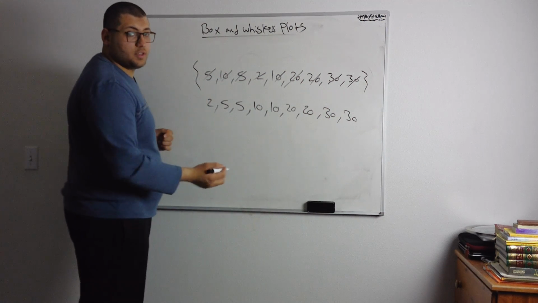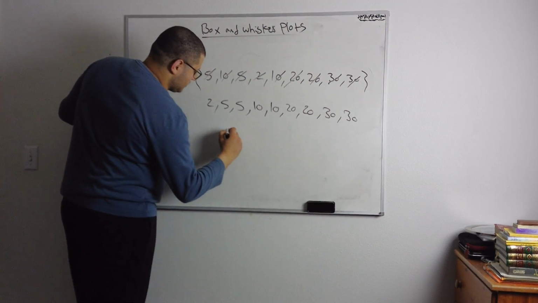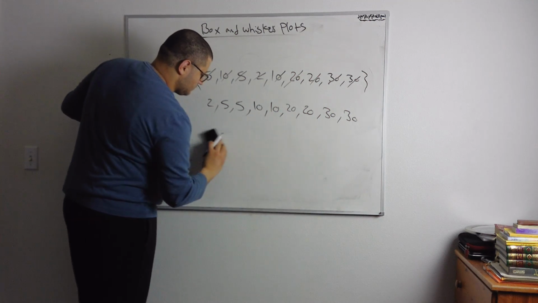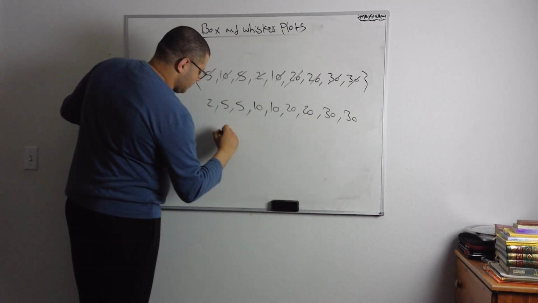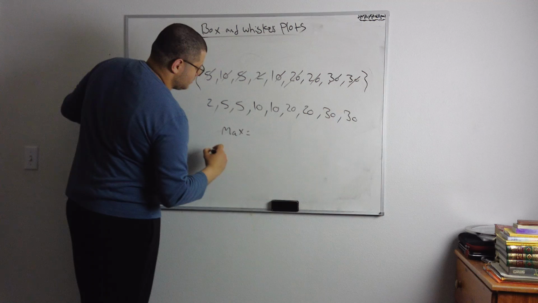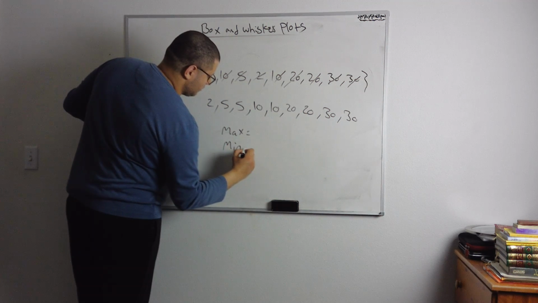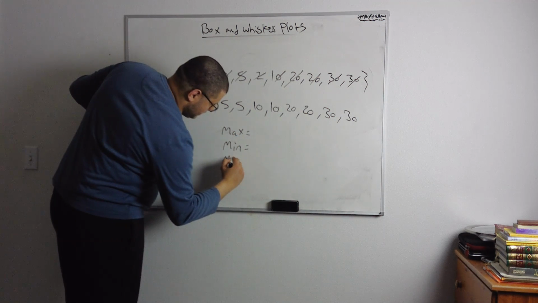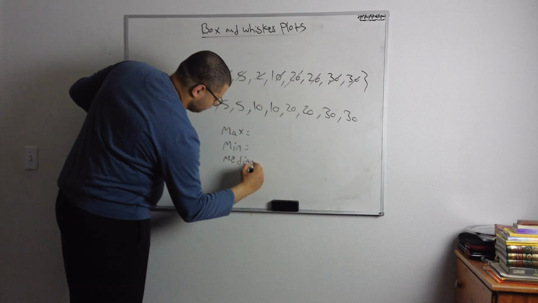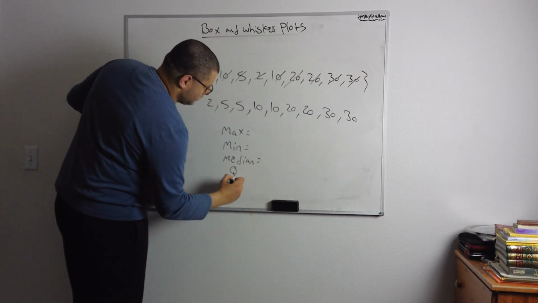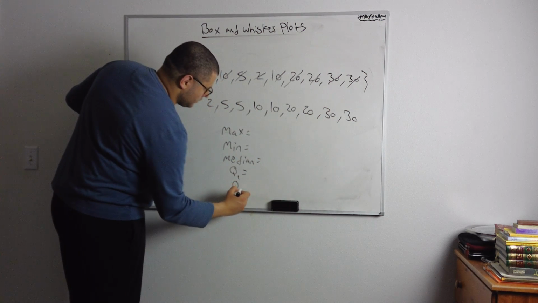Let's find the 5 things we're trying to find: the maximum, the minimum, the median, quartile 1, and quartile 3.